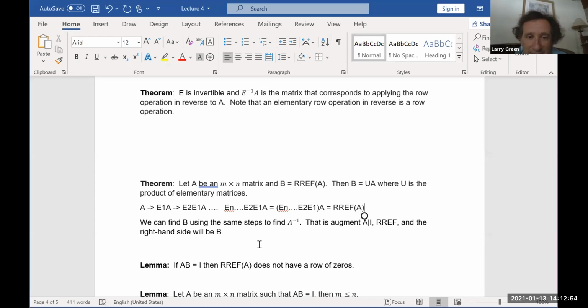Now the question is find B. So B will be, let's see, oh, I'm sorry, it should be the left-hand side. That's an error. B will be the left-hand side. So if A is invertible, the left-hand side is the identity. If A is not invertible, the left-hand side is not the identity.